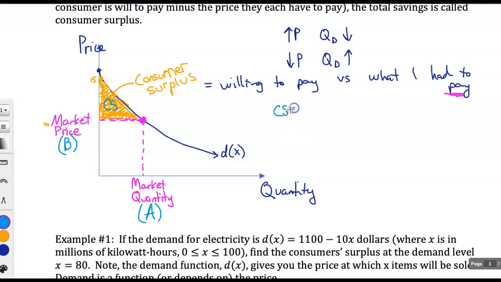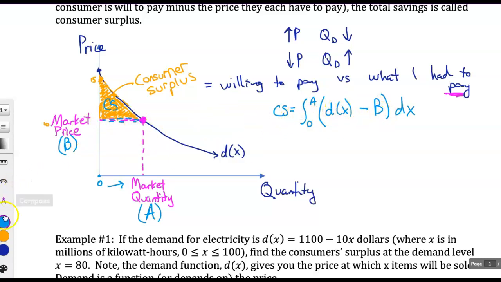So consumer surplus is going to be equal to the integral from 0 to A of the upper curve, which is the demand curve, D of X, minus the lower curve, so the bottom of this is the market price, that's B, and you're going to differentiate with respect to X. So consumer surplus is the integral from 0 to A, because that's my X-axis, of my demand curve, because that's my upper curve, minus B, this y equals whatever the market price is, that horizontal line.